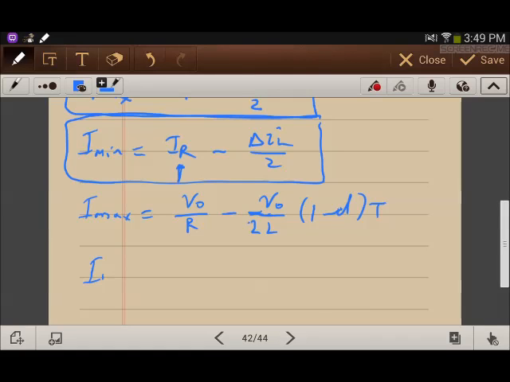Then I min is V out over R minus V out over 2L multiplied by 1 minus D multiplied by T.